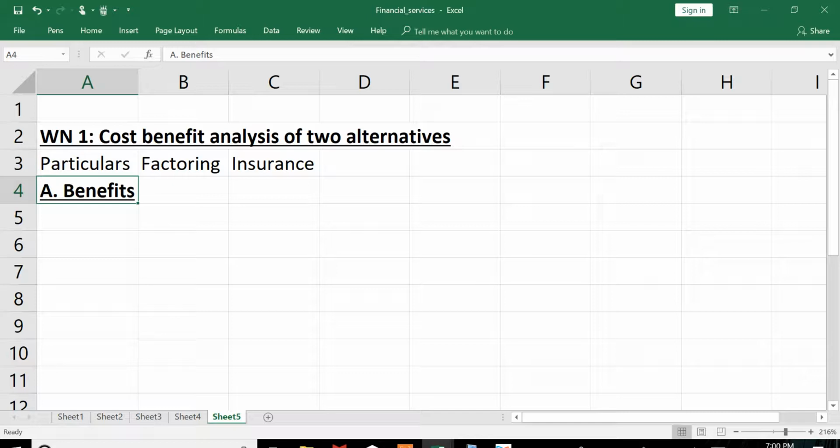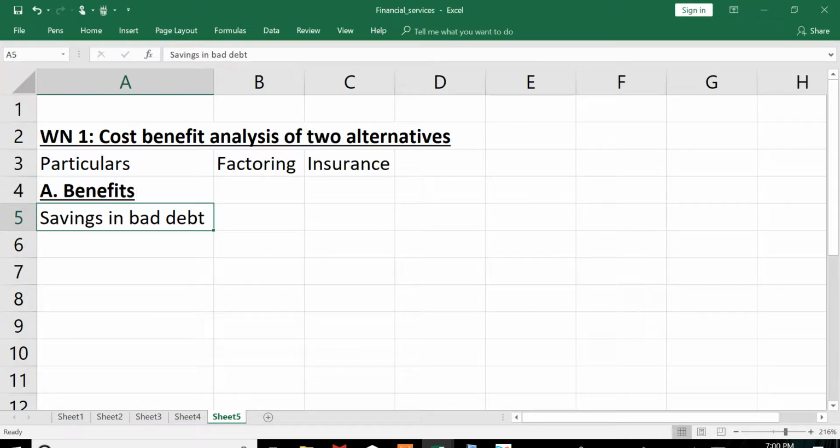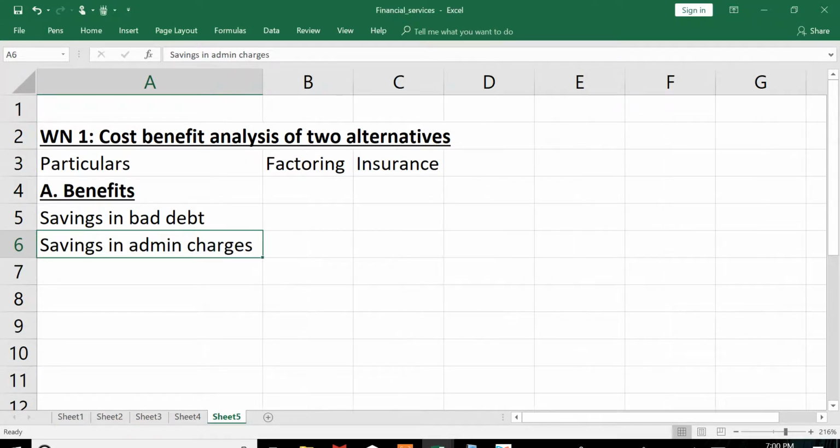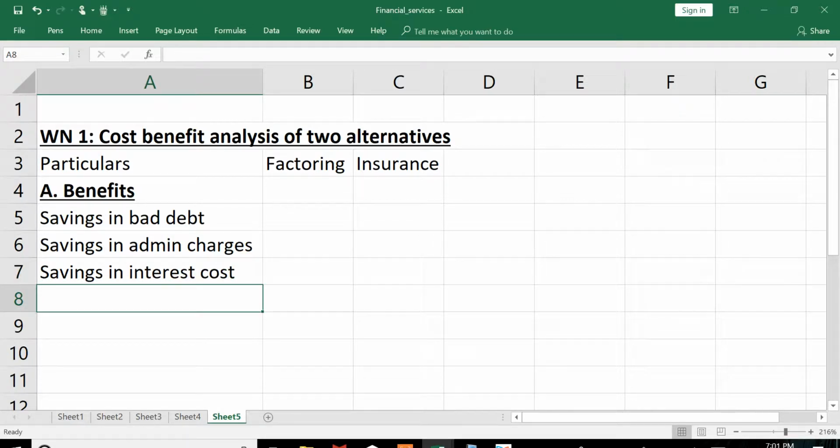Now let's write the format. You calculate figures in some time. Savings in bad debt. Savings in admin charges. Savings in interest cost.